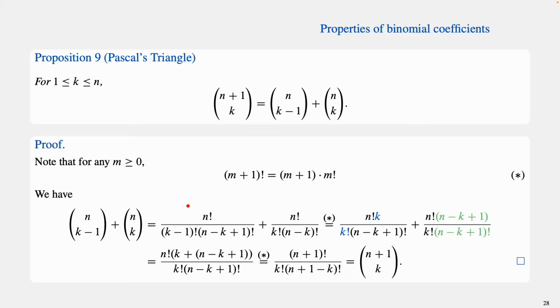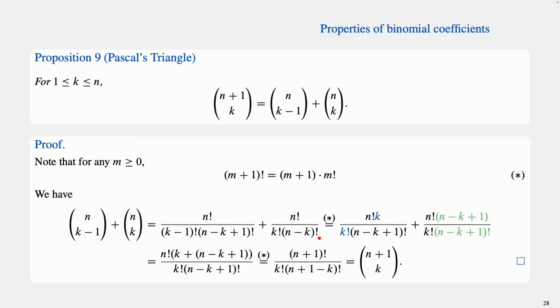Now, the right-hand side, if we write it out explicitly, n over k minus 1 plus n over k. This one becomes n factorial over k minus 1 factorial times n minus k plus 1 factorial. And this one becomes n factorial divided by k factorial times n minus k factorial.